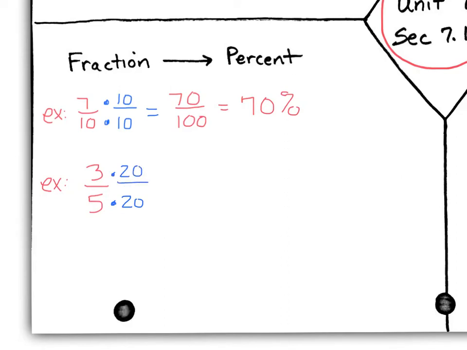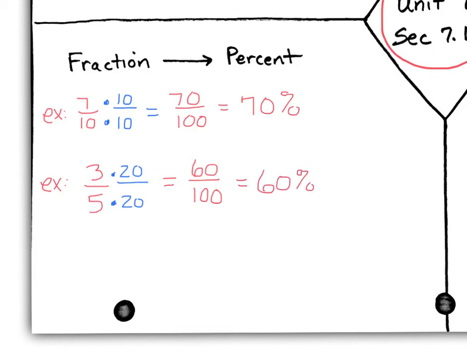Whatever you do to the bottom of a fraction, you have to do to the top. Now just multiply straight across, numerator times numerator, denominator times denominator. 3 times 20 is 60. 5 times 20 is, there you go, 100. Out of 100, percent means out of 100. So 60 out of 100, that's the same thing as saying 60%.